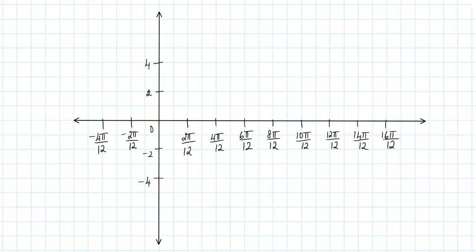Okay, so now we have 4 pi over 12, comma 0. That's this point. Okay, red is better. 7 pi over 12 and 4. 6, and this must be 7 pi, right? 7 pi and 4.